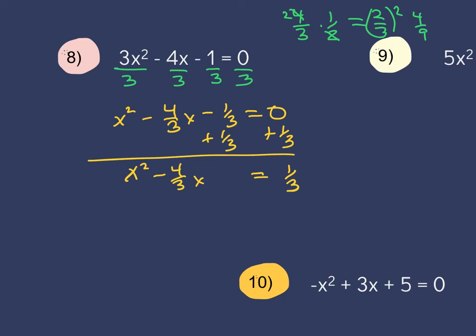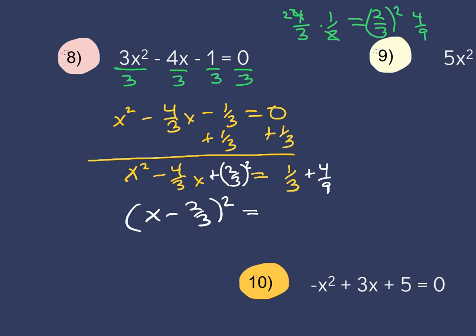So I'm adding 4/9, but I'm adding 2/3 squared here, which is really 4/9. Factor the trinomial, sign that was in front of that b term, and then the 2/3 squared.